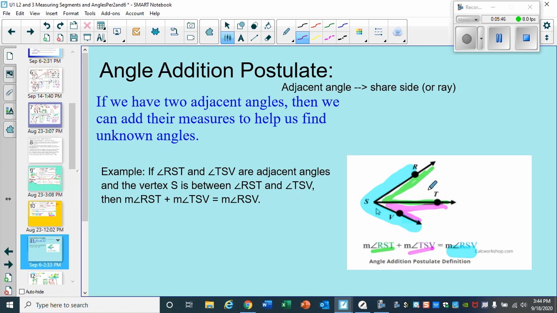If you use a highlighter or color pencils, if two colors are touching the same ray, it means they're adjacent angles. S is your vertex, your turning point for both RST and TSV. They're saying the measure of RST plus TSV equals the overall measurement of RSV. So that's the idea of the angle addition postulate.